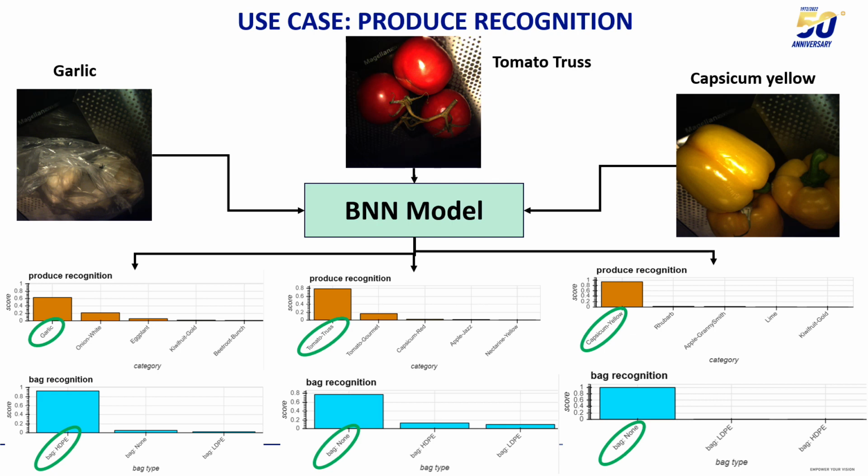Instead, here the goal is to have an autonomous, AI-driven method that can reduce the list of choices for the customer, and this can be done with a binary neural network model. In this case, there is the prediction of the vegetable or fruit type, and also whether or not there is a bag, and the kind of bag.